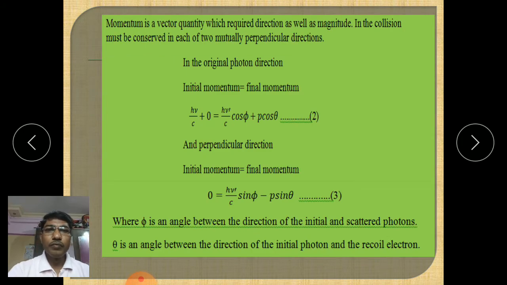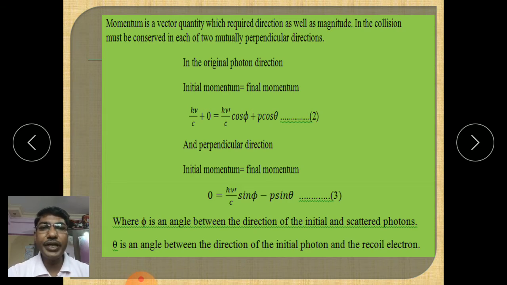Now for momentum, momentum is conserved in both directions, in original photon direction and in perpendicular direction. In the original photon direction, the initial momentum is equal to final momentum.